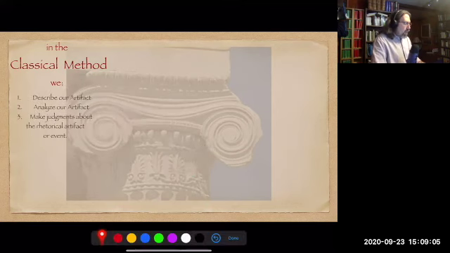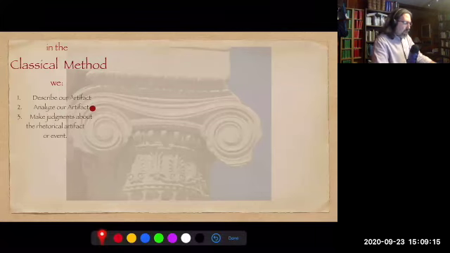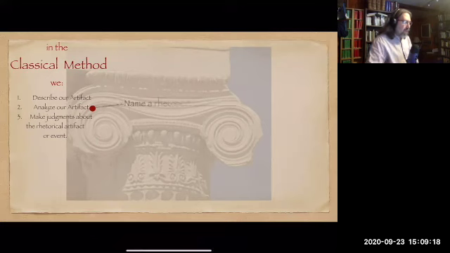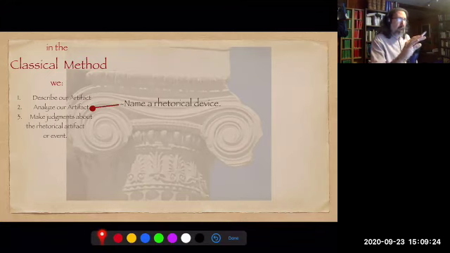When we look here, then we've got these 3 steps, and obviously right now we're focused on this analysis, analyze the artifact, because that is what we are doing right now. So let's talk about analyzing the artifact. That's what we're emphasizing. Remember, there are steps you're going to take. Now, these are the steps inside your analysis that's happening right now, okay? And you're going to name a rhetorical device.